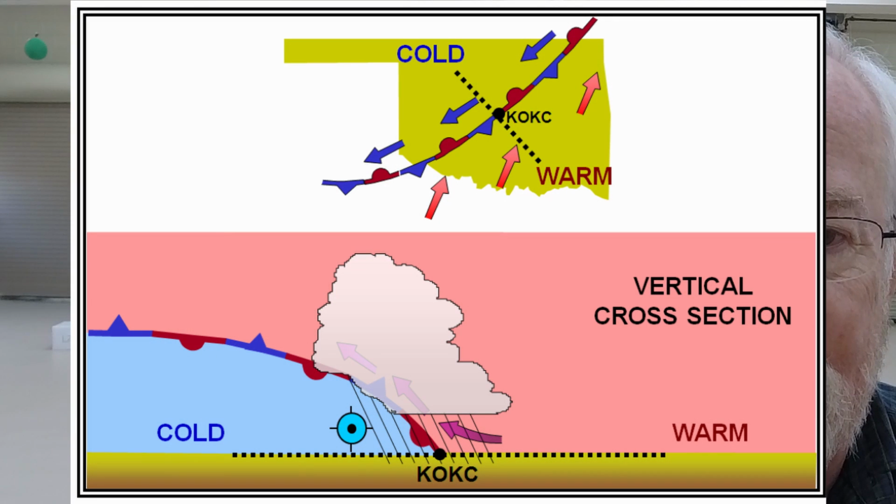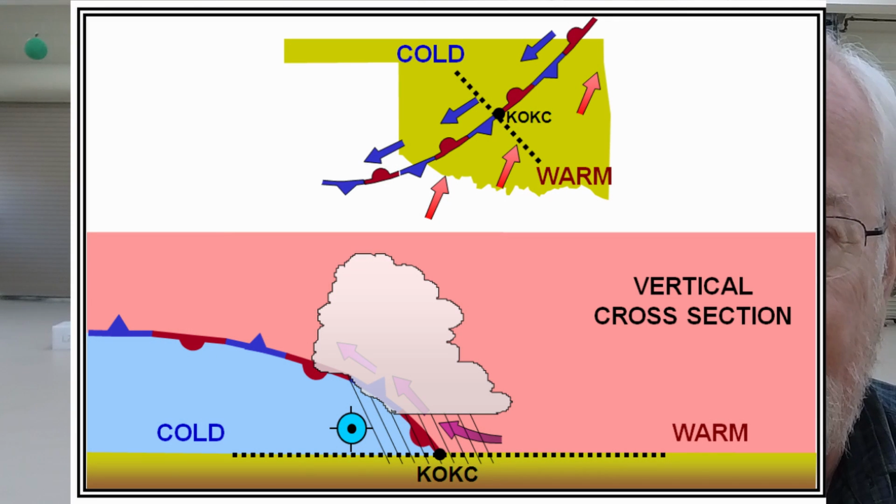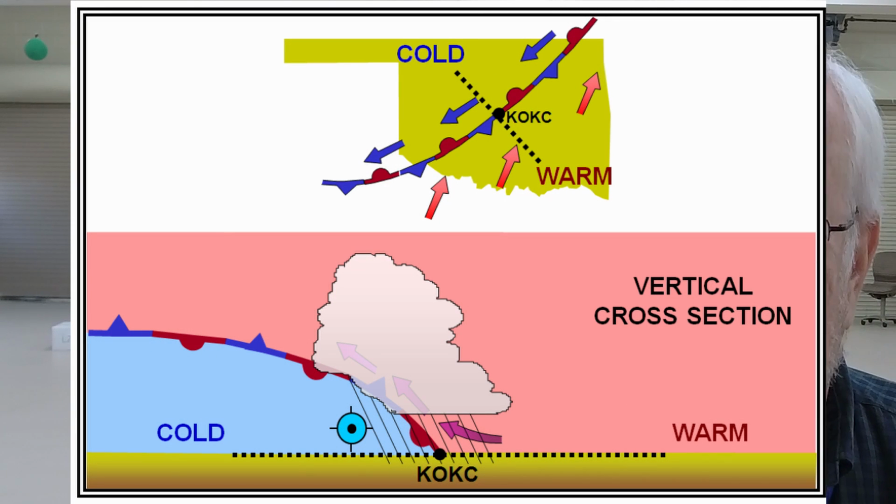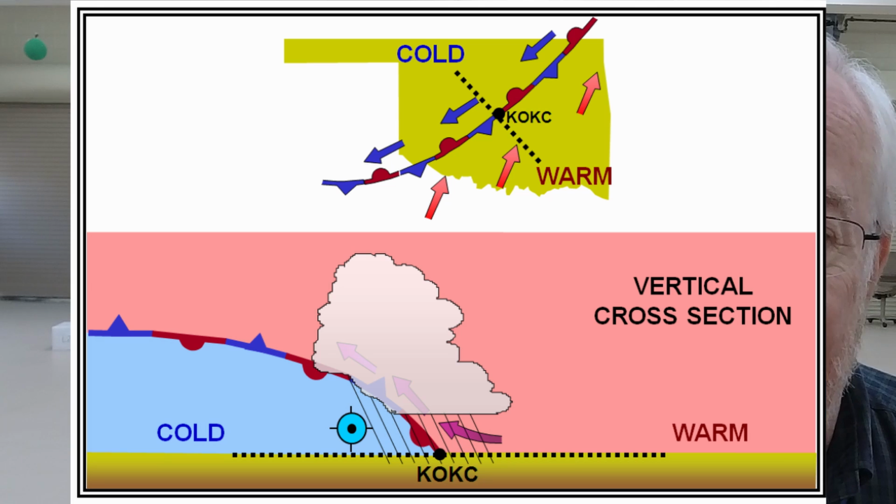Now, there's a third kind of front, which is a stationary front, and like all fronts, it's a transition zone between two air masses. In this case, a stationary front is typically a transition zone between a warm and a cold air mass. The two air masses slow as they approach, and stationary fronts are characterized by very little movement.